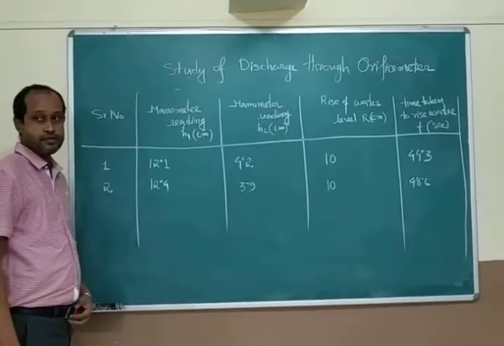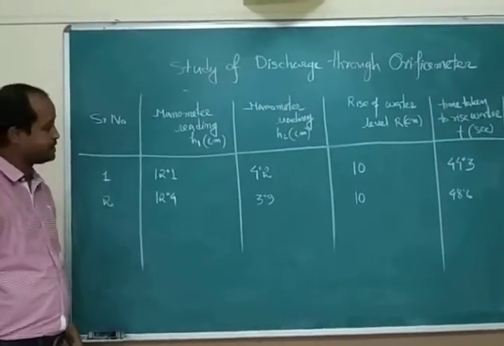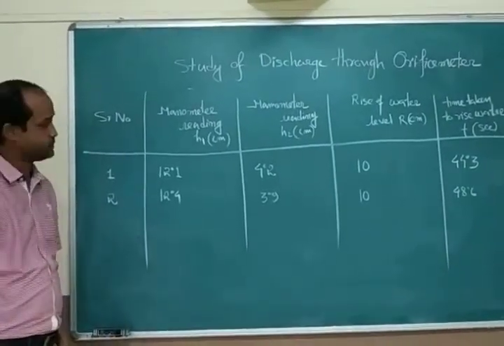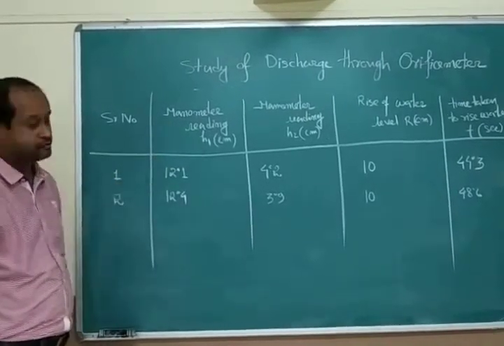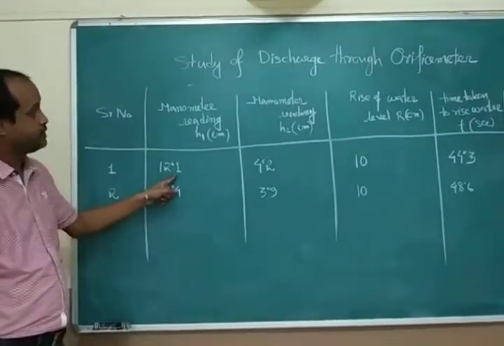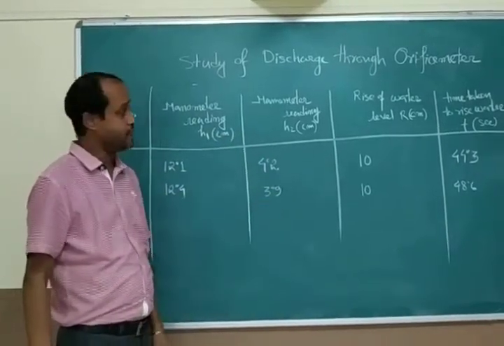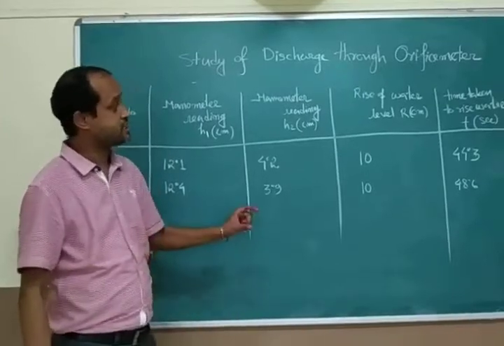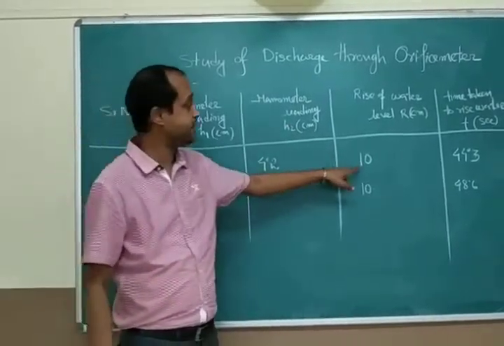So dear students, after doing the experiment in the orifice apparatus, you will get two readings. Reading number 1: manometer reading for H1 is 12.1, and for H2 is 4.2. We are considering a constant water level for both readings, 10 cm.